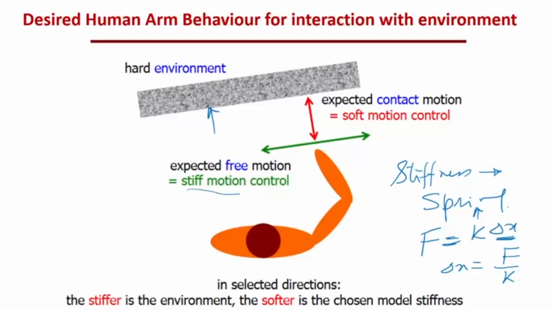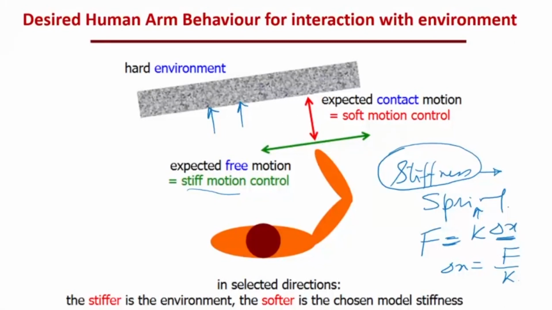Again, it's a question of high stiffness or low stiffness. If I have low stiffness against this wall, it basically means that the robot will not get damaged when it hits the wall or makes contact with it. Whereas in free space, I can have a high stiffness, and because it is free motion, it is not hitting anything. So this concept of stiffness, when a robot is making contact with a hard environment or is in free space, is very, very important.